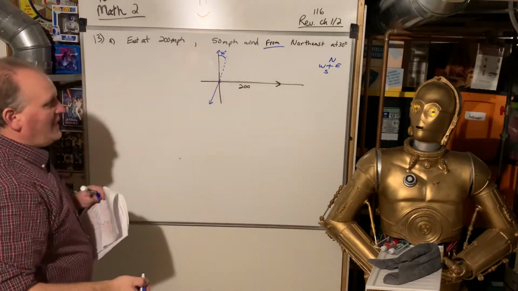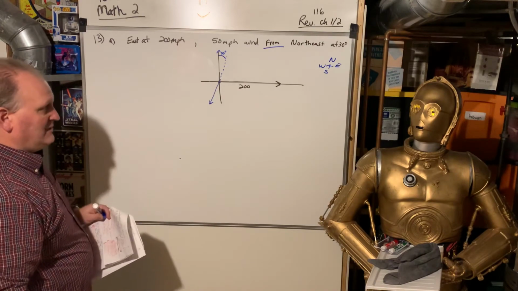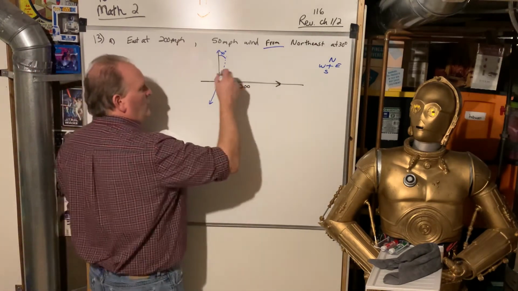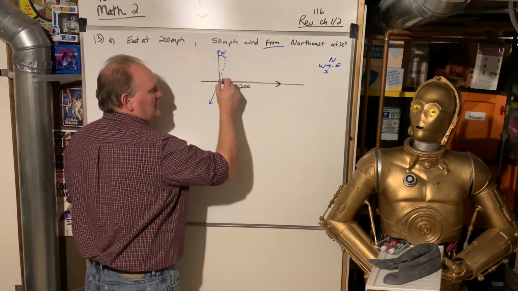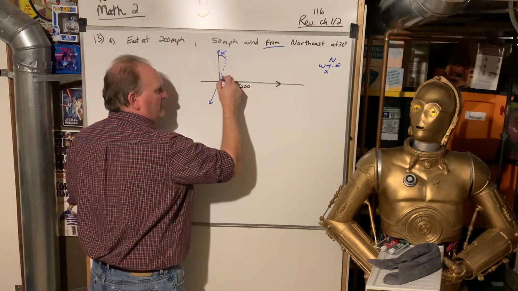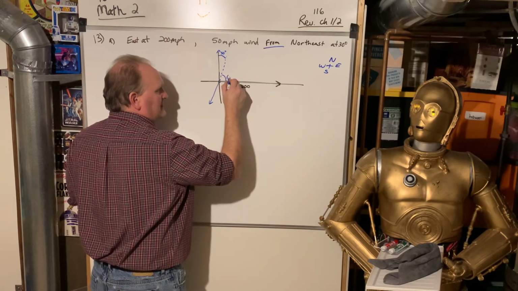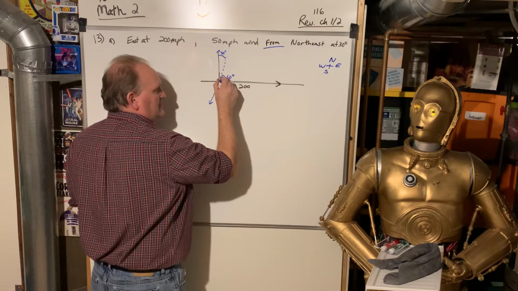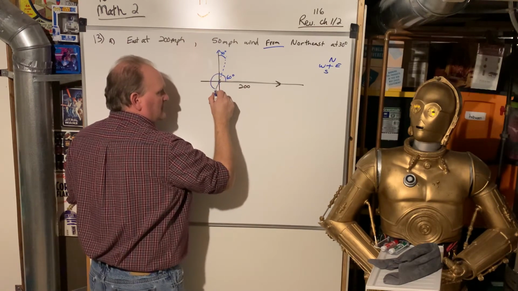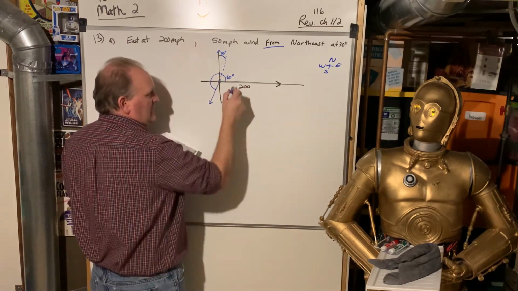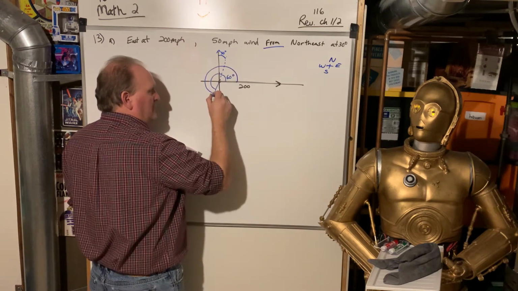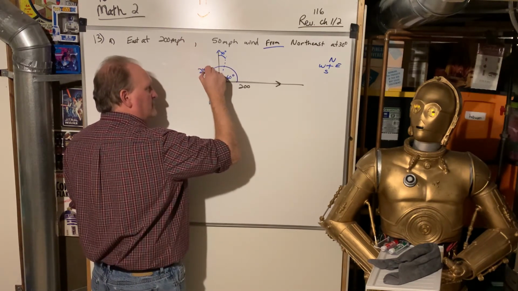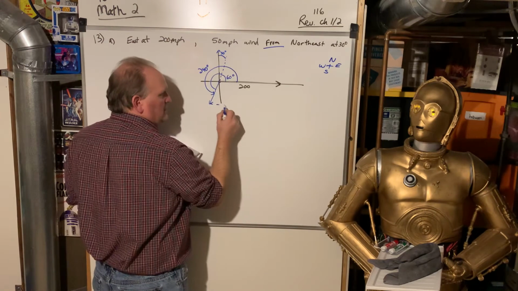All right, so that ends up being this vector. And then now what happens if that's 30 degrees and we want to put it back into our math format, this is 60 degrees. And then 60 degrees plus a straight line, which is 180, this whole thing is actually 240 degrees. So that's what we're going to use.